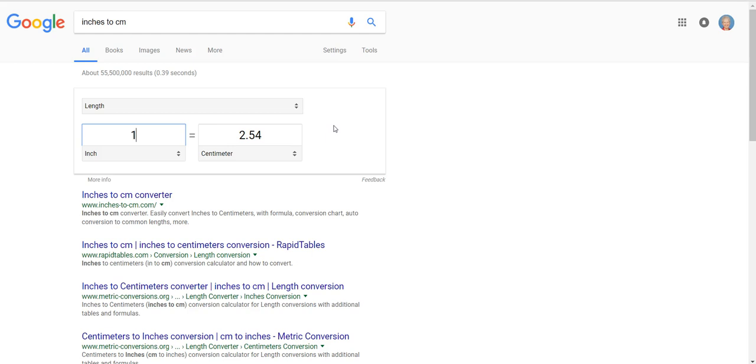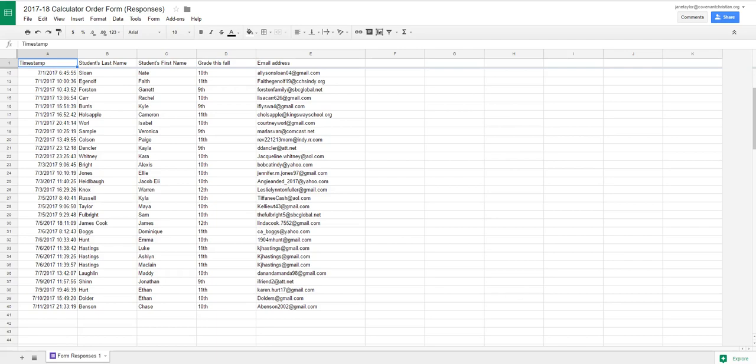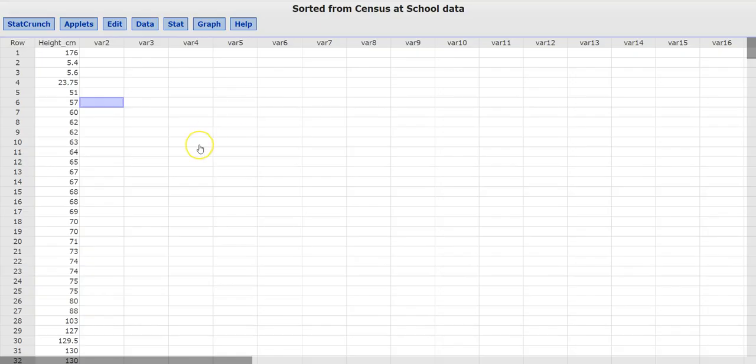That's kind of a useful conversion to know, if you want to go back and forth between inches and centimeters. Oops, wrong data table here. So once you've made those corrections, then you can go back. I'm not going to go through and do them all because it takes a pretty long time. But once you've made those corrections, then you can redo your graph, and it'll make a whole lot more sense.